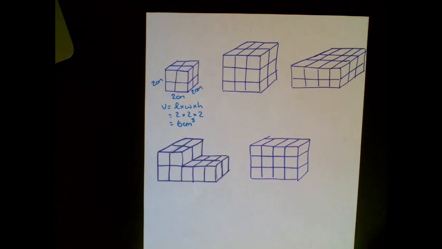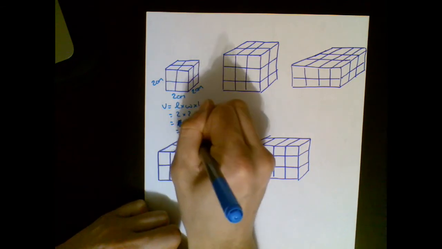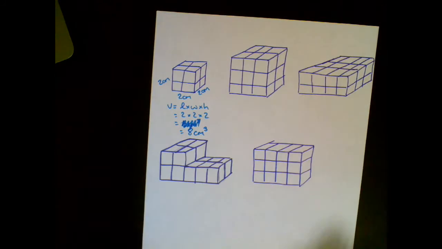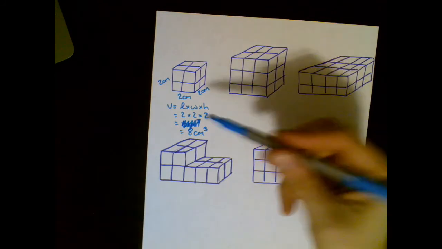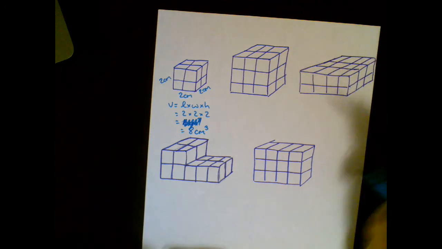Not 6 centimeters cubed, what am I talking about? 8 centimeters cubed. See, teachers make mistakes too. What I did was I added them all up. I didn't actually multiply. So make sure you multiply.